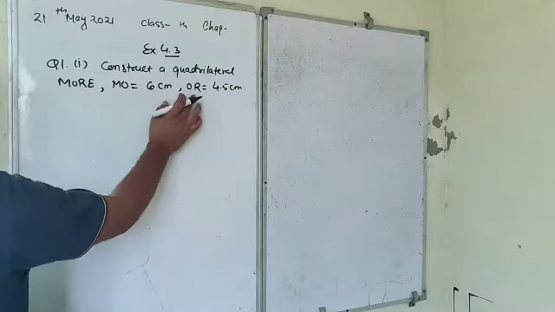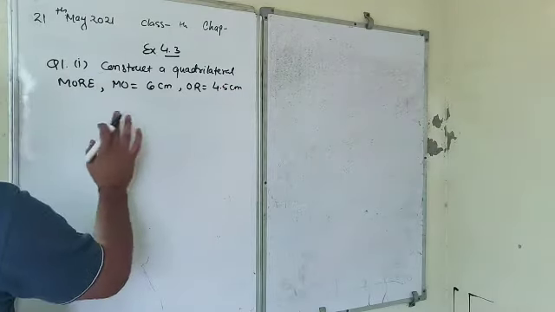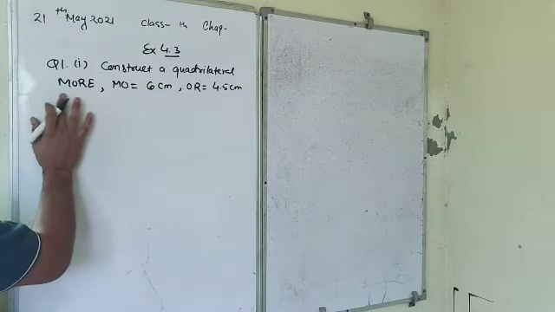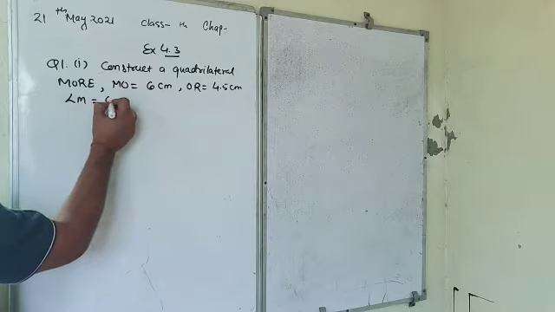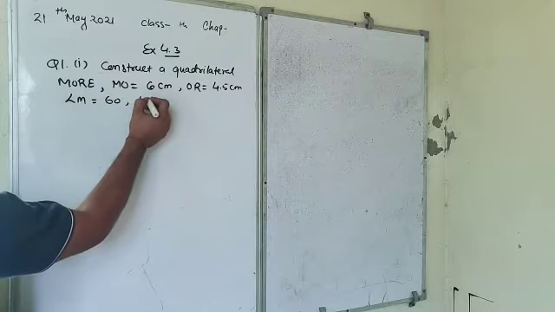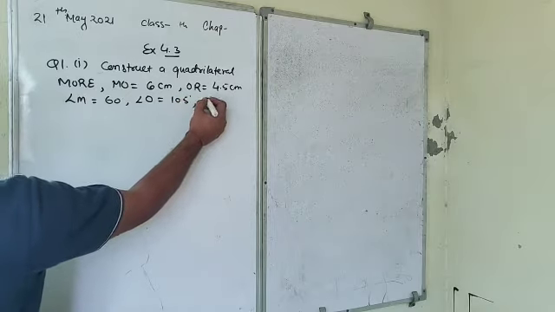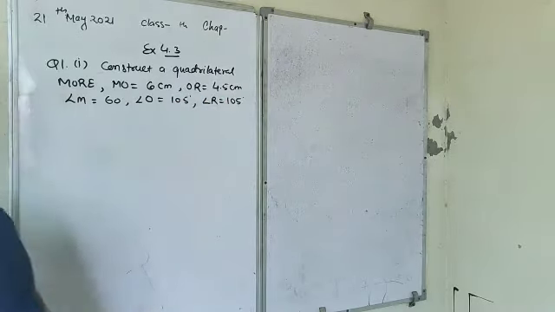Now O is the common point, so MO and OR both are adjacent sides, and some angles are also given. Angle M is equal to 60 degree, angle O is equal to 105 degree, and angle R is also equal to 105 degree.